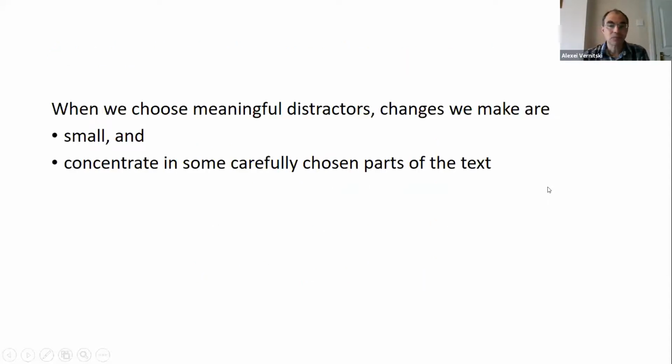Also, the guiding principle of what we did is that we are not making random changes in a definition. We are making changes in parts which actually influence the logic of the definition, like changing quantifiers or changing less to greater. So these changes are small, and they are not all over the place.